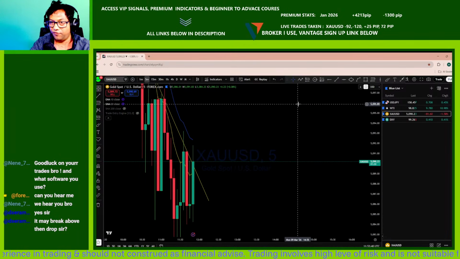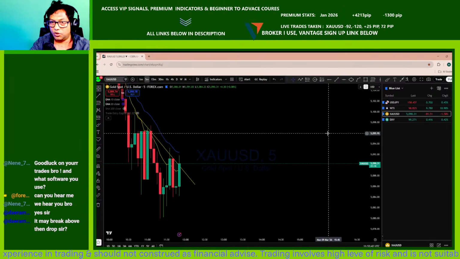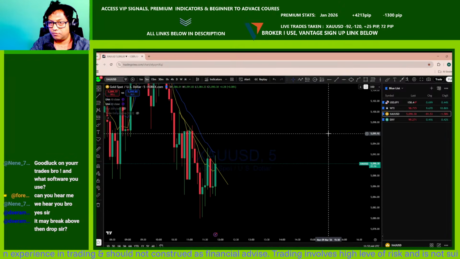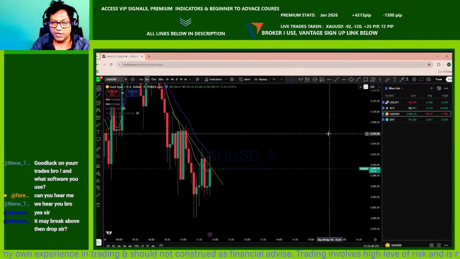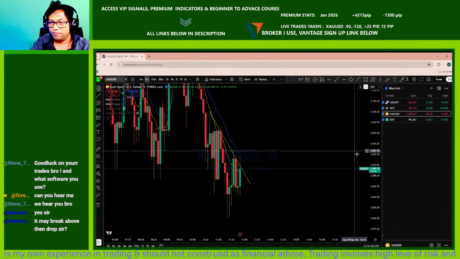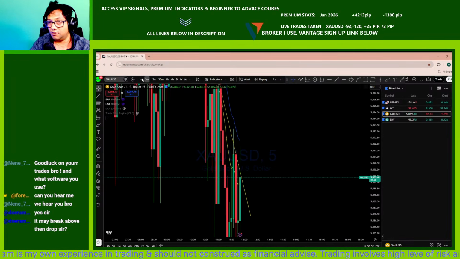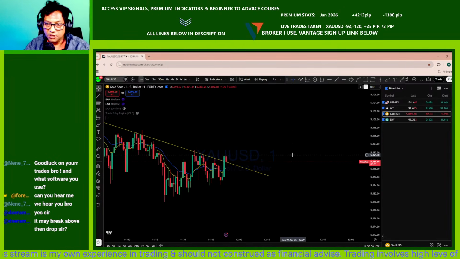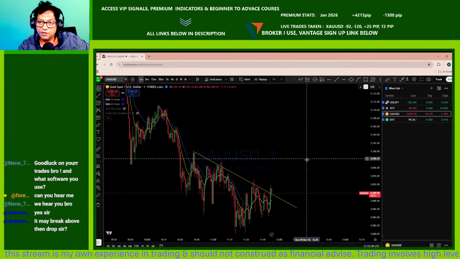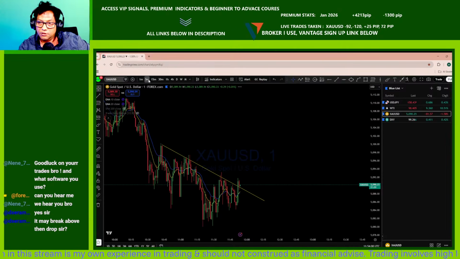If you look at the 5 minutes, also the candle closing on the 5 minutes, we see the selling pressure, and I'm still looking to see stronger selling pressure. There is a possibility, unless we see a stronger breakout.